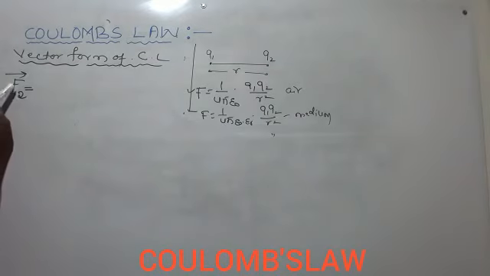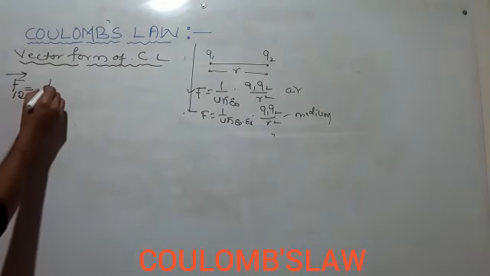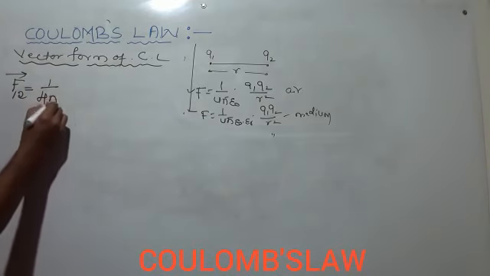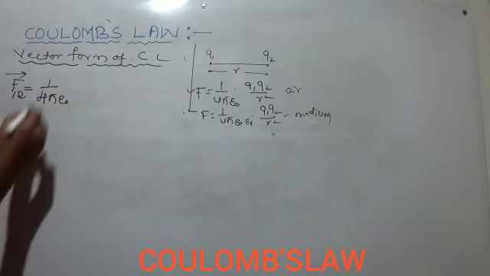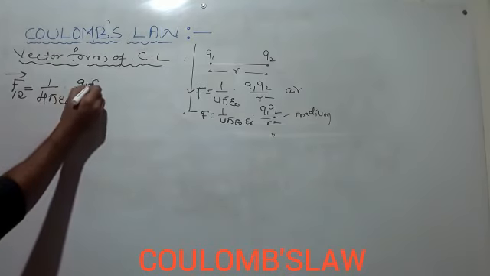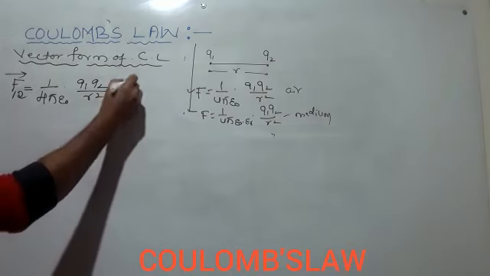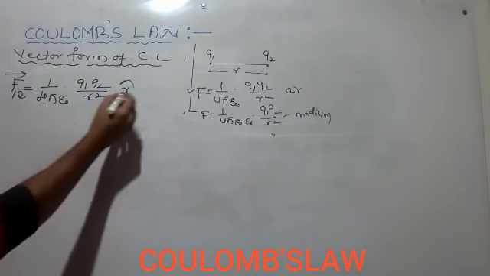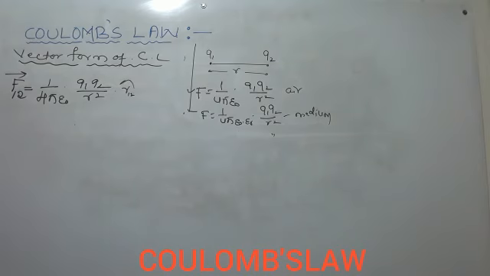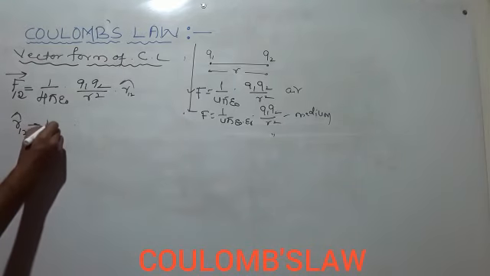That is force by Q1 on Q2, equal to 1 divided by 4 pi epsilon naught into Q1 Q2 divided by r square into r cap. You can write r cap 12 like this.